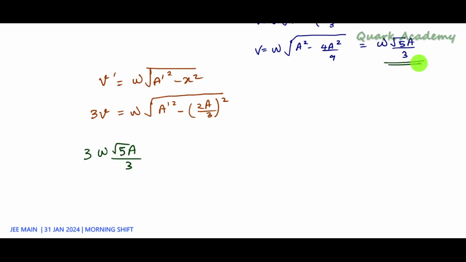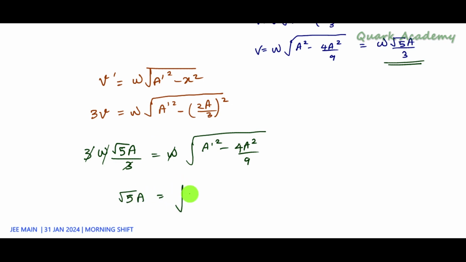I substituted, which is equal to omega into root of A dash squared minus 4A squared by 9. So this 3 will get cancelled. Omega will get cancelled. We are left with root 5 A equal to root of 9A dash squared minus 4A squared by 9.